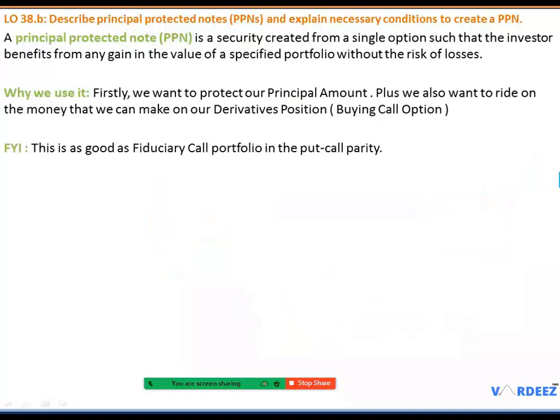For your information, this is as good as the fiduciary call portfolio in the put-call parity. Again, as I said, P plus S is equal to C plus the present value of X. This is the put-call parity equation.